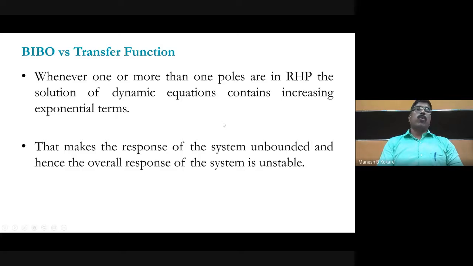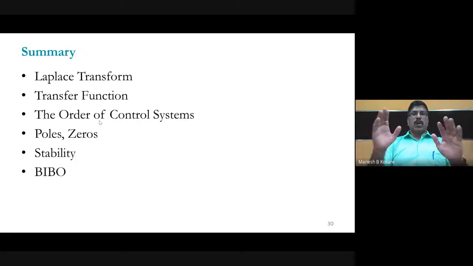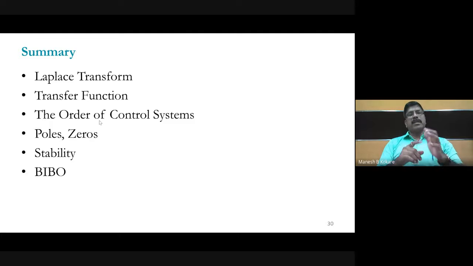So whenever one or more poles are in the right half of the plane, the solution of the dynamic equation contains an increasing exponential term, and hence that system will become unstable. So overall, what we have studied is the Laplace transform, then the transfer function, the order of the system, the concept of poles, the concept of zeros, stability of the system, and bounded input, bounded output.